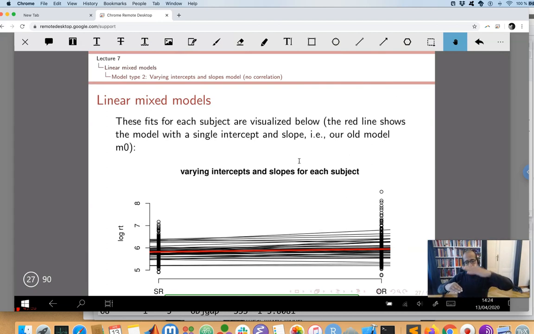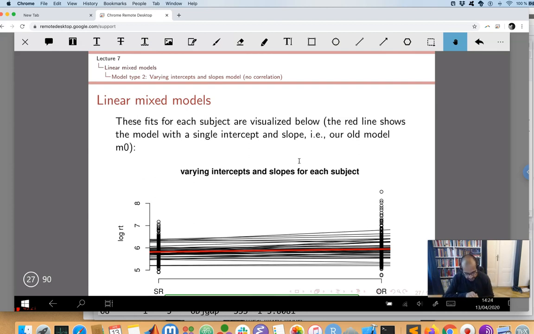When I plot this against the simple linear model that I had fit at the beginning, you notice that the subjects' estimates for the intercept and slopes are going up. Some are high and some are low. That's the adjustment to the intercept that you're seeing. But you should also notice that the slopes of these subjects are slightly different.